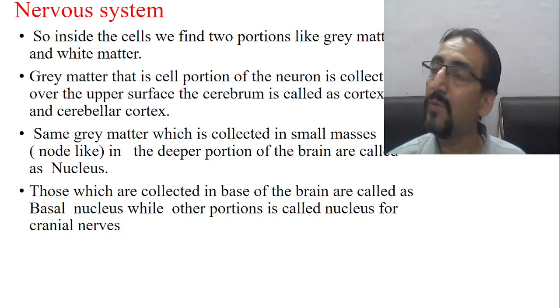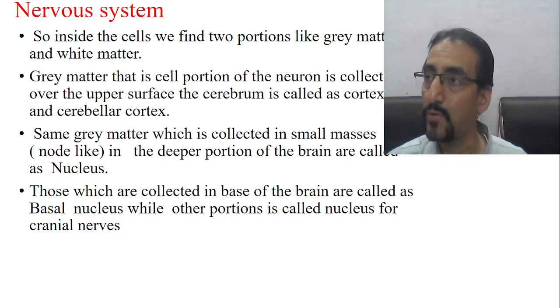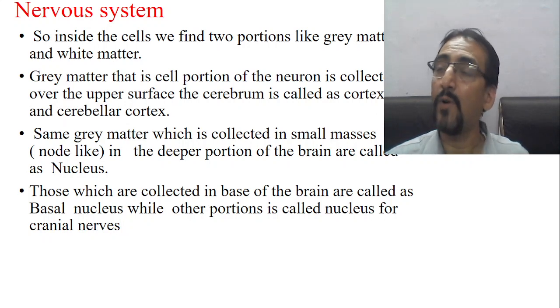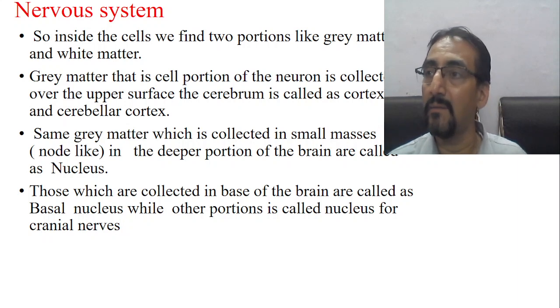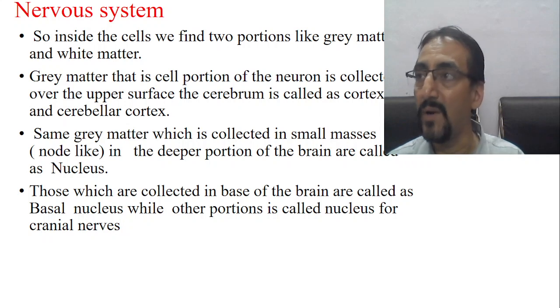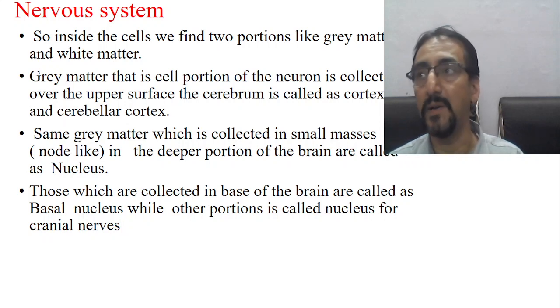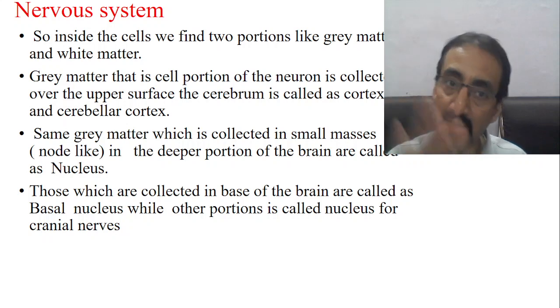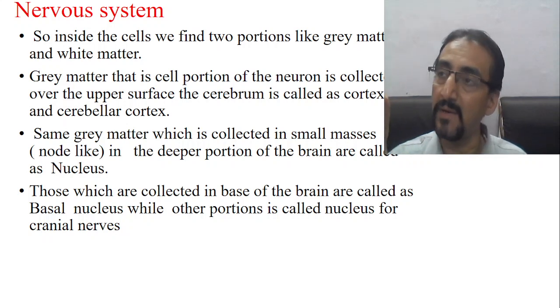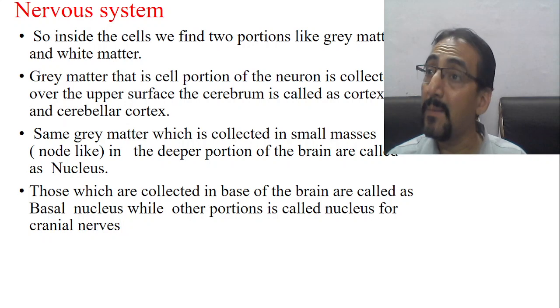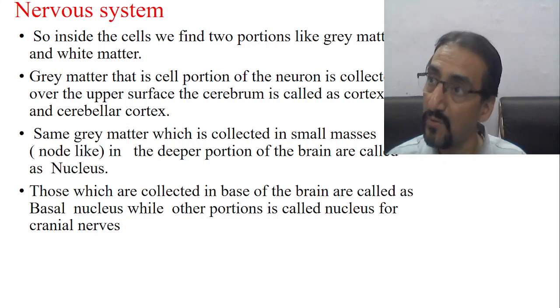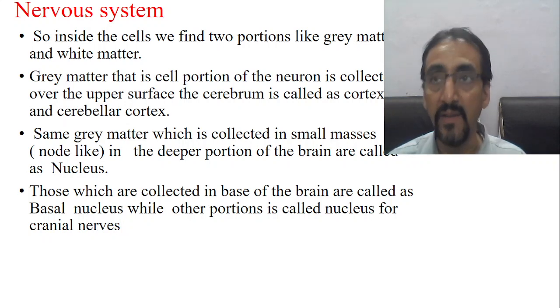So that portion is called gray matter. Suppose all the axons are collected together in a bundle, then that portion looks white, and that is called white matter. So inside the brain we have two matters: gray matter and white matter. Gray matter is also a neuron, white matter is also a neuron. Gray matter is the cell portion of the neuron and white matter is the axonal portion of the neurons.